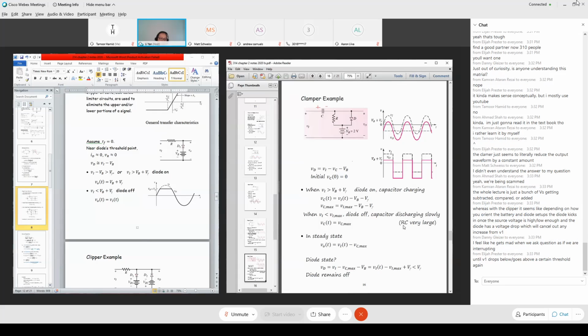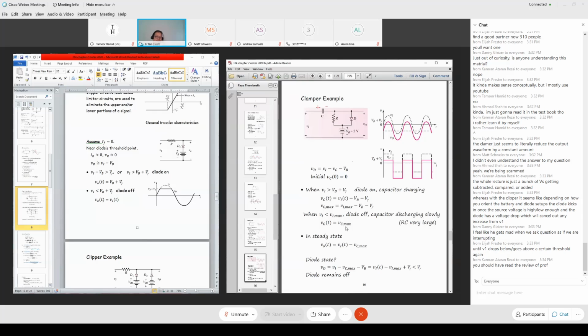We set that the capacitor and resistor values are sufficiently large, or particularly, we select the value of the capacitor very large, to make the RC time constant very large. When the RC time constant is very large, the capacitor is discharging, but only very slowly. When it's slow, it means the capacitor voltage barely changed, so it remains mostly unchanged at the maximum.